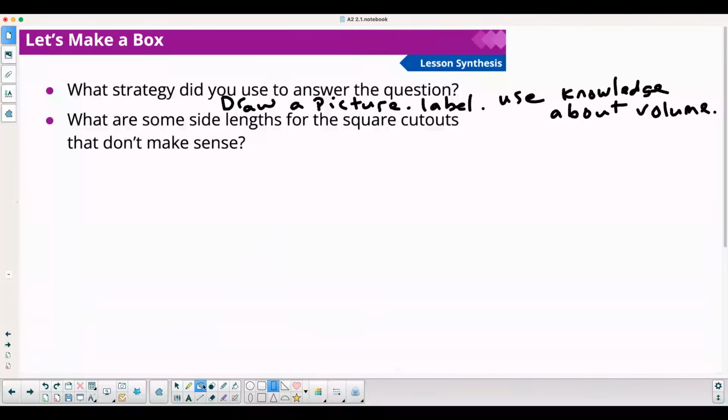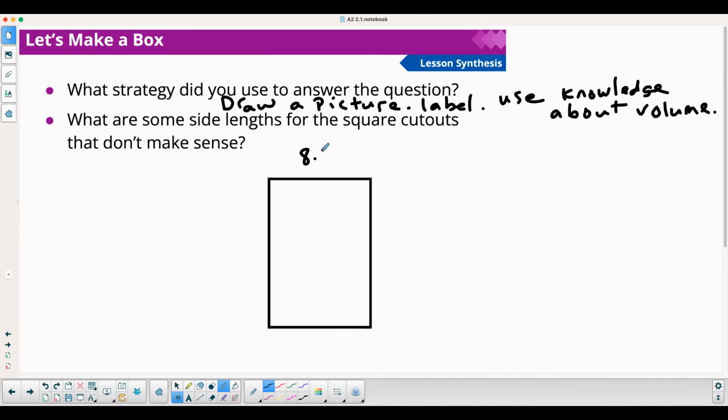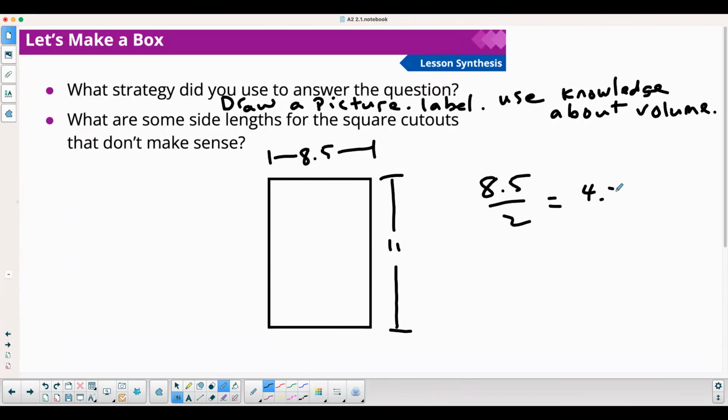So that was kind of what I was talking about earlier. So you got your picture here, and basically, this side's 8.5, this side's 11. I can't go over half of the smallest side, because look, what's 8.5 divided by 2? 8.5 divided by 2 is 4.25.